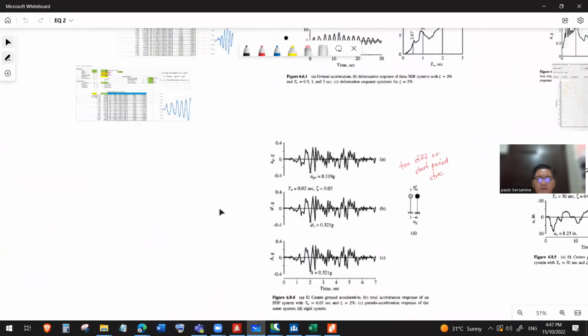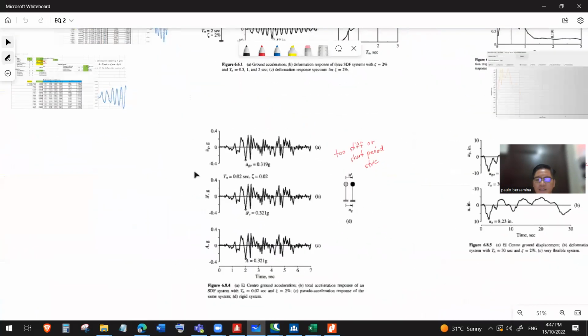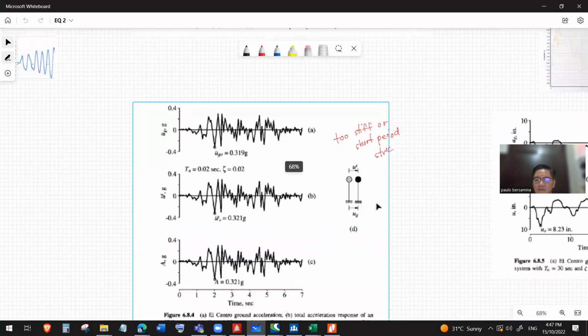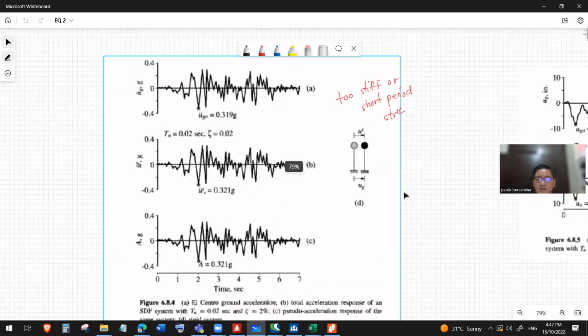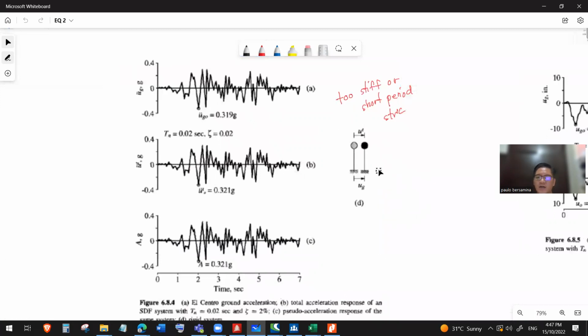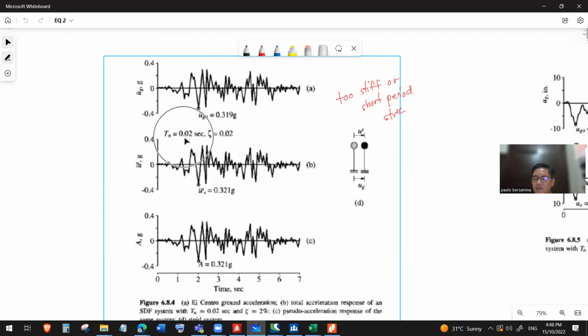Now for a very stiff structure, no? So according kay Chopra, no? And you will observe naman, no, that if you have a very stiff, lumalabas, the acceleration will be the same, dun sa ground motion acceleration. For example, this is a 0.02 second structure, very stiff, no?